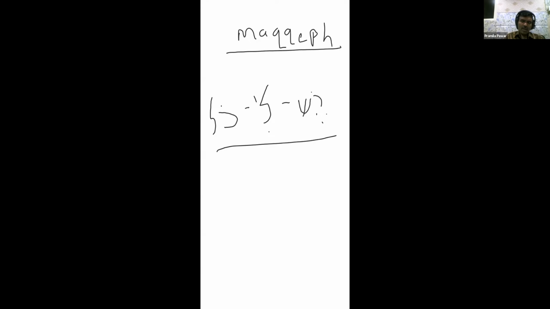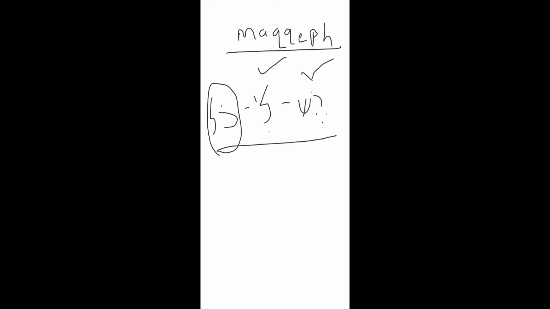Now remember that this word will lose its accent, and accent will fall on this last word. So the purpose of maqqef is it is a connection between two or three words.